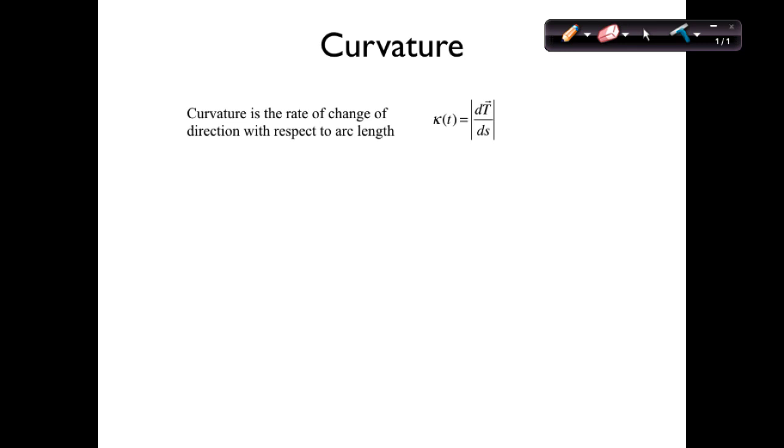Which makes sense, because if it changes a lot for a little change in arc length, then your curvature will be high. If your direction changes a lot for a small change in arc length, that means you're twisting fast, right? And if it doesn't change very much for a long change in arc length, then you're almost straight, so you get a low number.